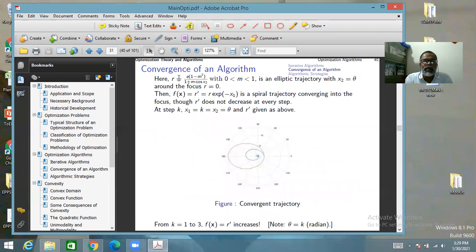So removing that exponential term, this is actually an elliptic trajectory with eccentricity m, with x2 equal to theta around the focus r equal to theta, where the sun is supposed to be. Now f(x), what is given here, is then say r prime, and that is r on the ellipse into this exponential term with a negative sign.